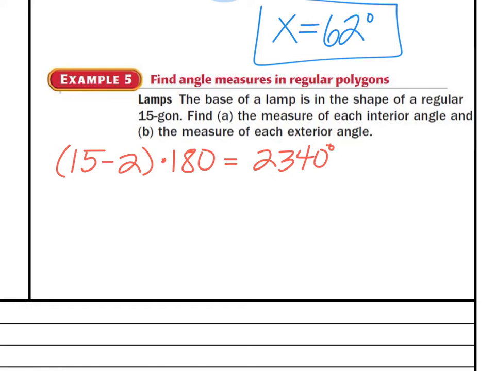I want to know each interior angle. It's a regular polygon, so all the interior angles should be the same. There's 15 of them. So if you divide this by 15, then each interior angle is 156.